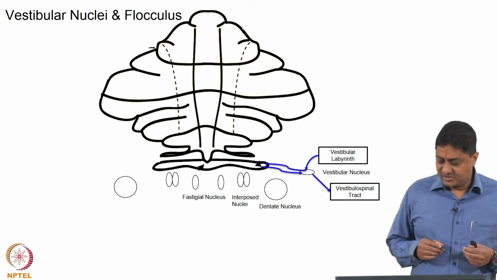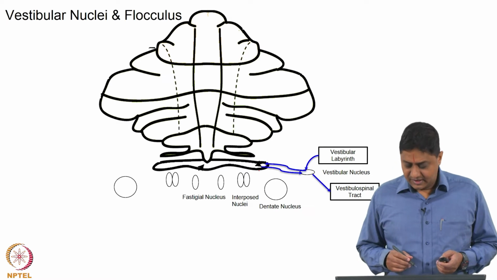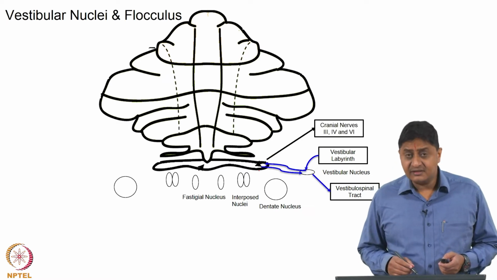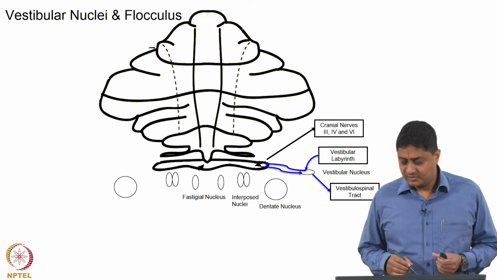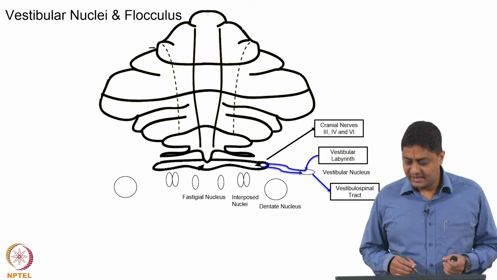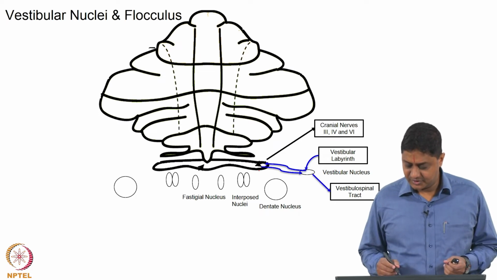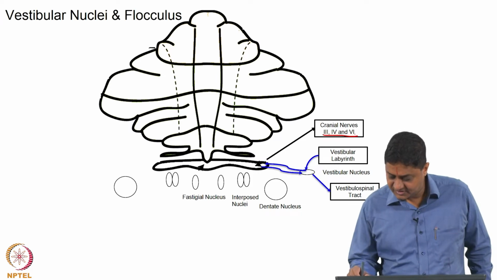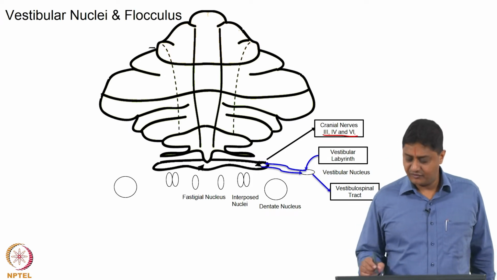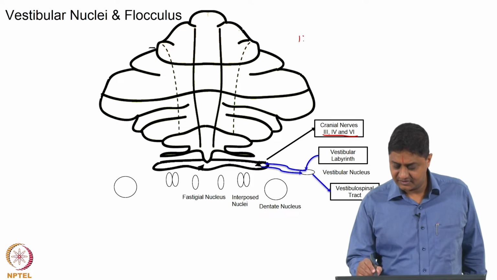What also must have been discussed but was left out is that the vestibulocerebellum also projects to the cranial nerves via the vestibular nuclei. So, what are these cranial nerves? These cranial nerves are 3, 4 and 6. What are these cranial nerves?